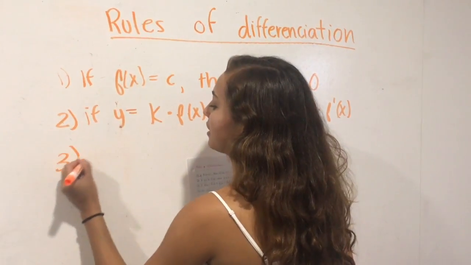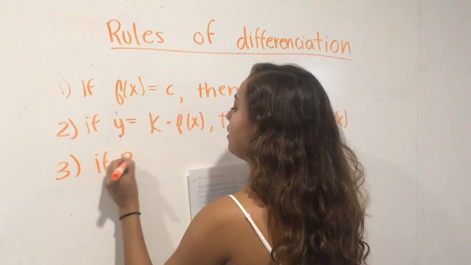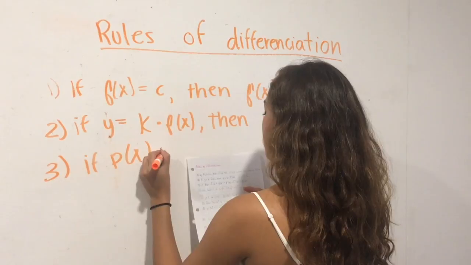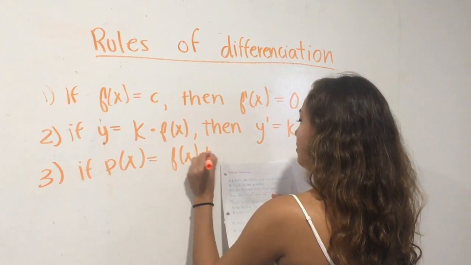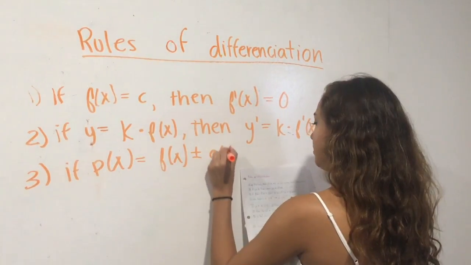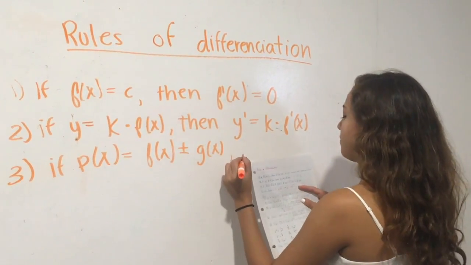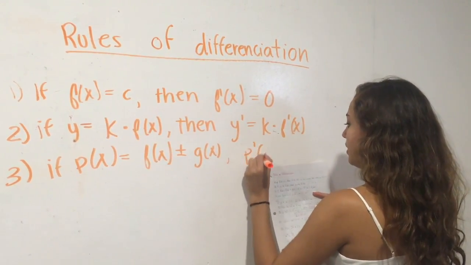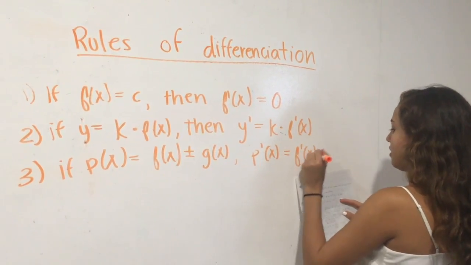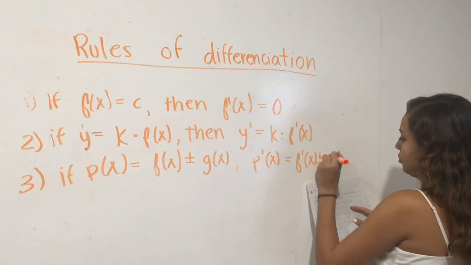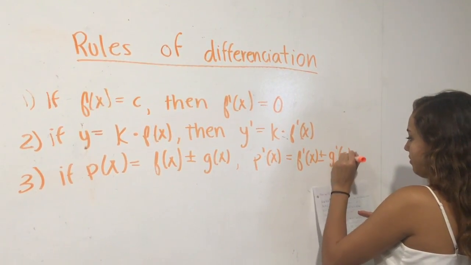The third rule says if p of x equals f of x, adding or subtracting g of x, then p prime of x equals f prime of x, adding or subtracting g prime of x.